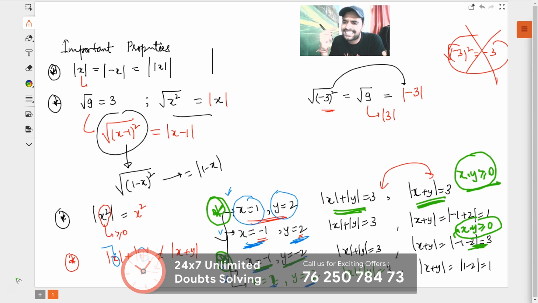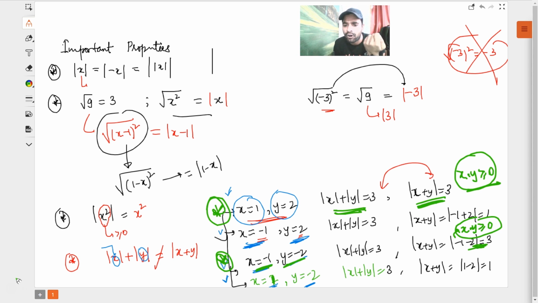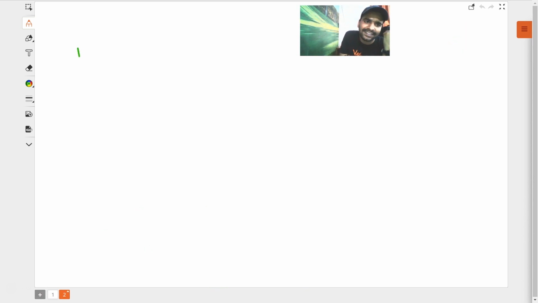If both x and y are positive or both negative, then mod of x plus mod of y will be equal to mod of x plus y. But if x and y are of opposite signs, as you can see in case number 2 and case number 4, this is not happening. So I can write that mod of x plus mod of y will be equal to mod of x plus y only when x into y is greater than or equal to 0.